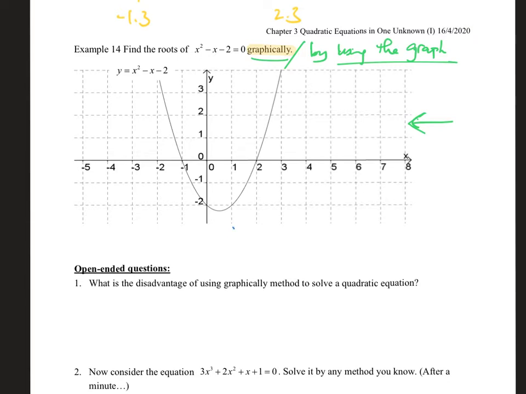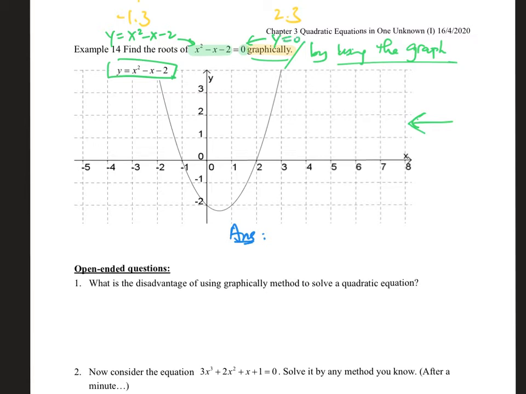The second way is how you present the answer. Bear in mind that in the equation there are two separate parts, the left-hand side and the right-hand side, and each of them refers to a graph. The first one on the left is y equals x squared minus x minus 3, which is provided in the diagram already. The next one is y equals 0.